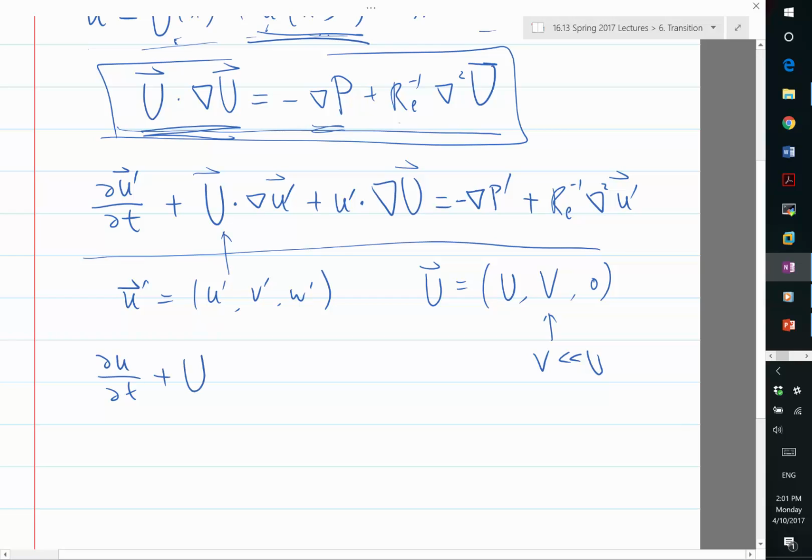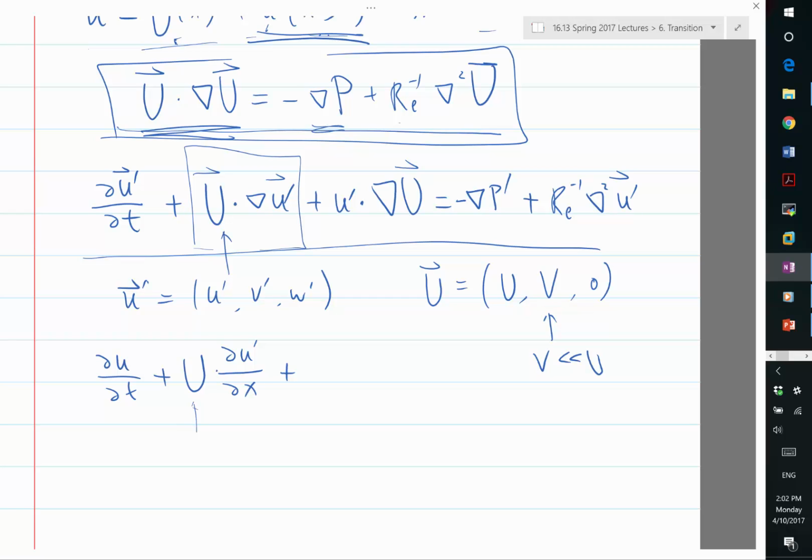So the first equation is for the streamwise velocity. It's going to have only the significant terms. The only significant term in this is the streamwise big U times the x derivative of small u prime. We know that the big U varies slowly in the x direction, but the small u may not. The perturbation may not vary slowly in the x direction.